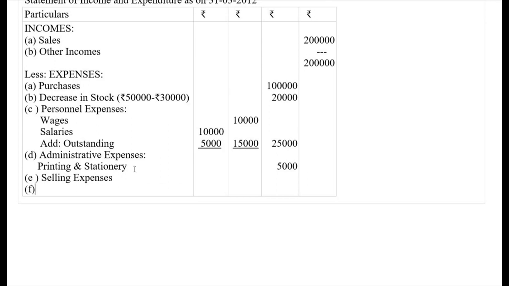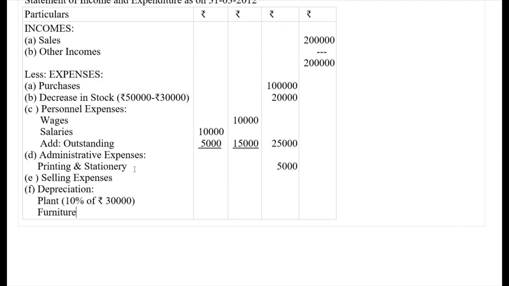Then F, we have got depreciation. So depreciation here we should calculate on two assets, one is plant. The rate of depreciation is given as 10% on the plants. So 10% of rupees 30,000. Then similarly on furniture, 5% of rupees 20,000.